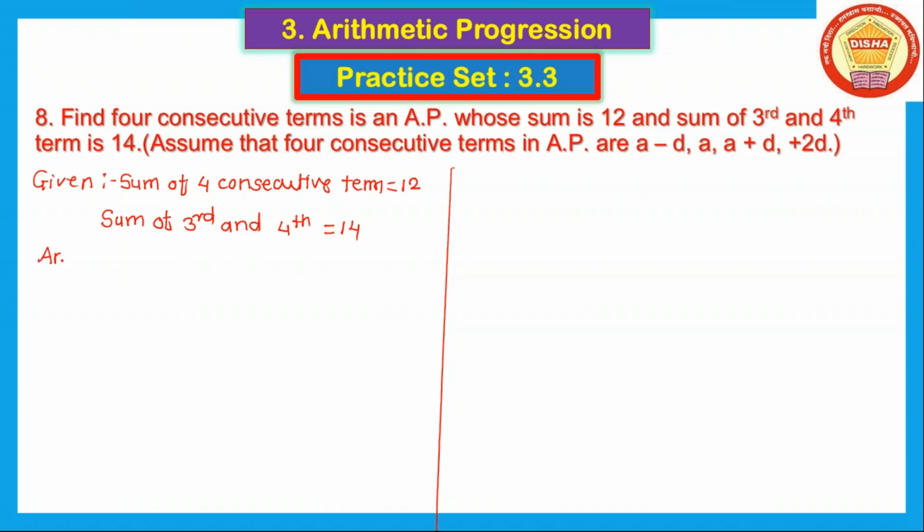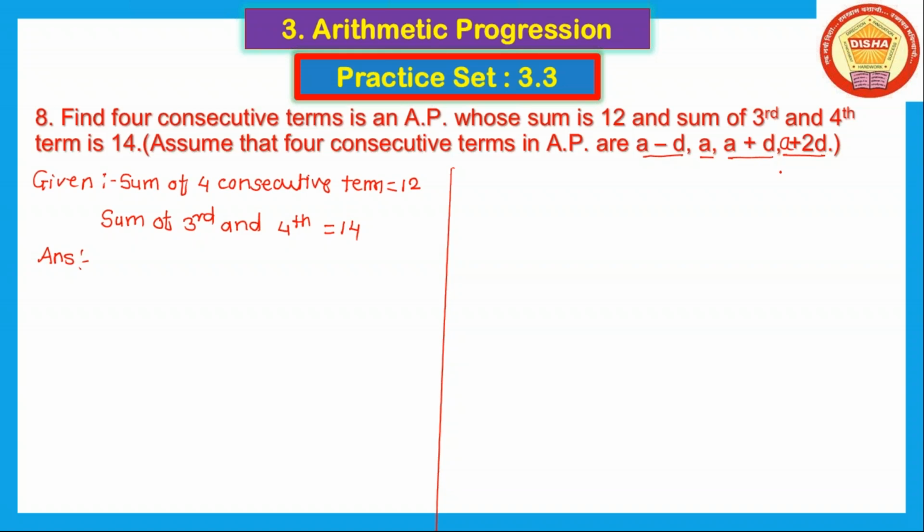Assume that the 4 consecutive terms are a minus d, a, a plus d, and a plus 2d is the fourth term.